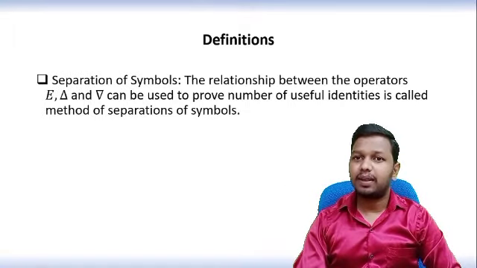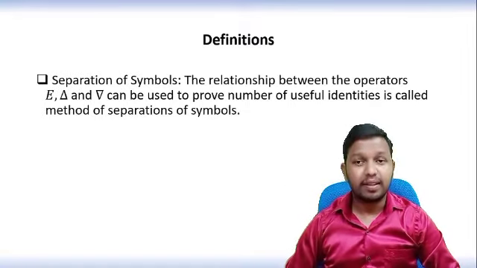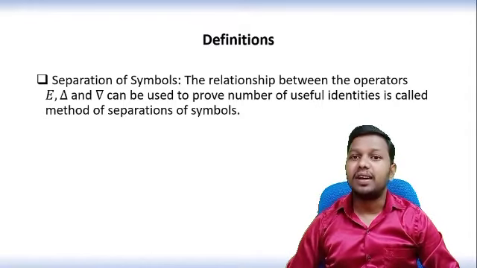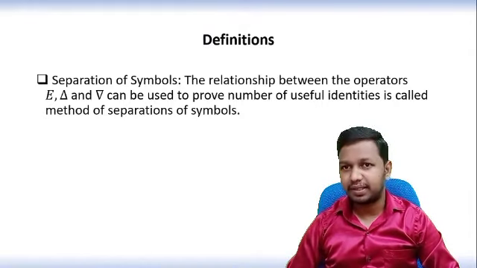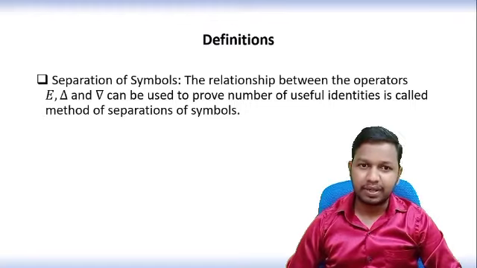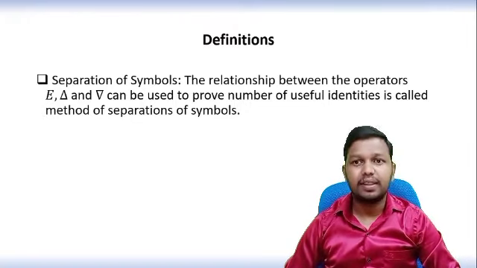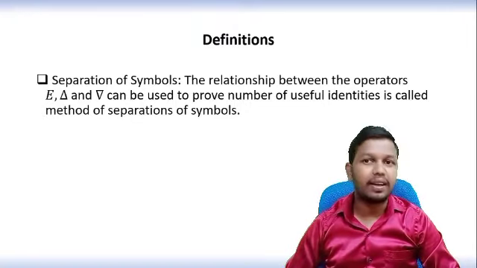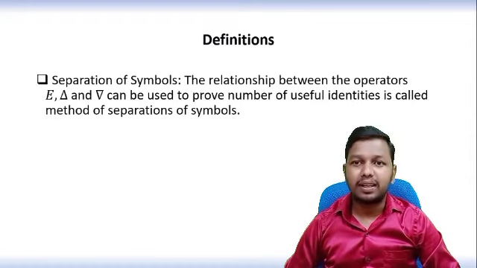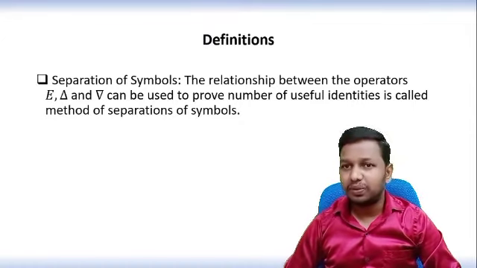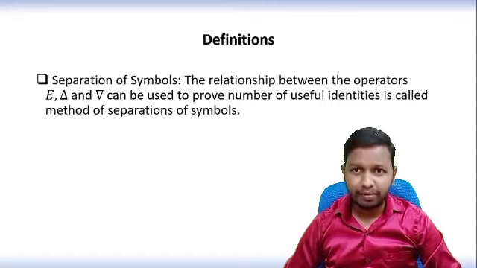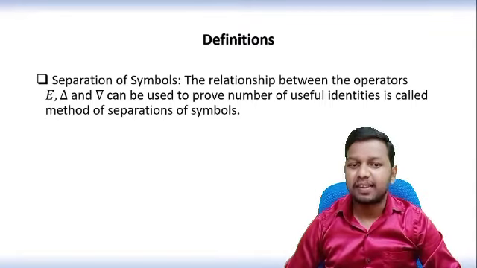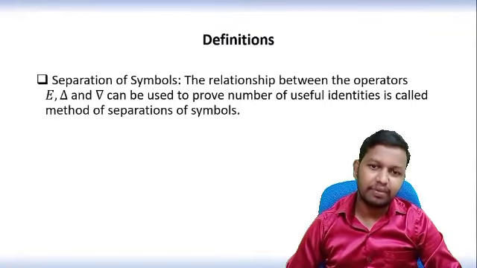What is method of separation of symbols? Separation of symbols is the relation between the operators E, that is shift operator, delta, the forward difference operator, and nabla, the backward difference operator, can be used to prove number of useful identities is called method of separation of symbols.